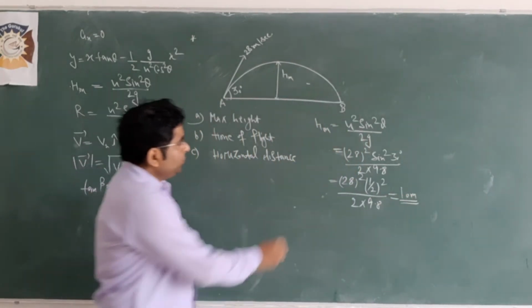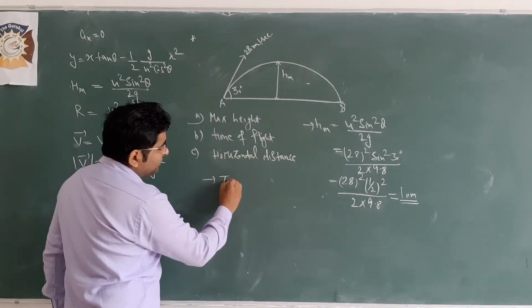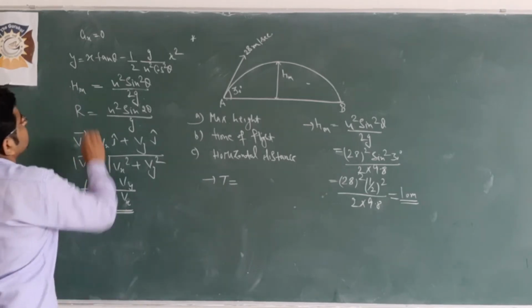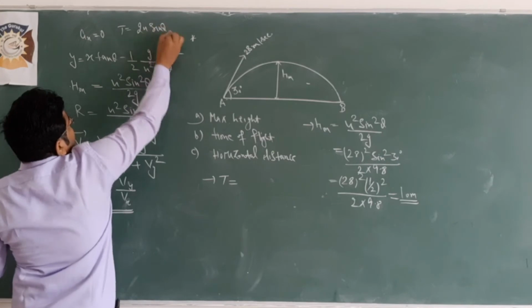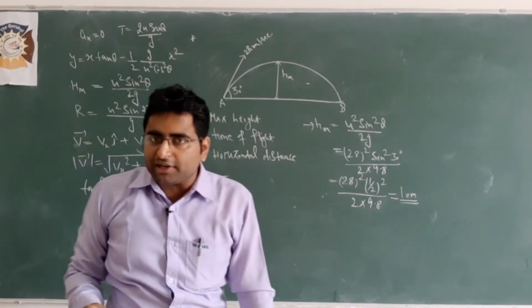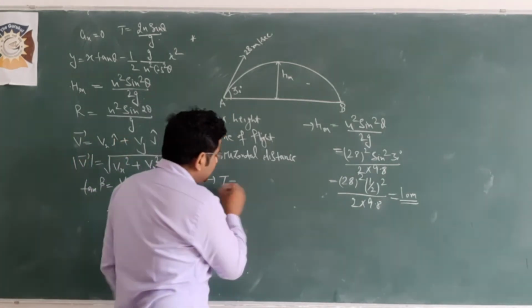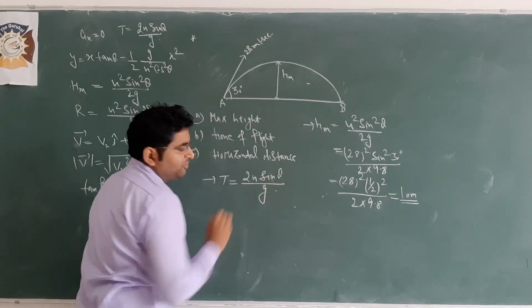Okay beta, now time of flight. The time of flight, that is capital T, the value of capital T is equal to 2u sin theta upon g. If you remember, in the case of angular projectile we have calculated the expression for time period, and it is equal to 2u sin theta upon g.